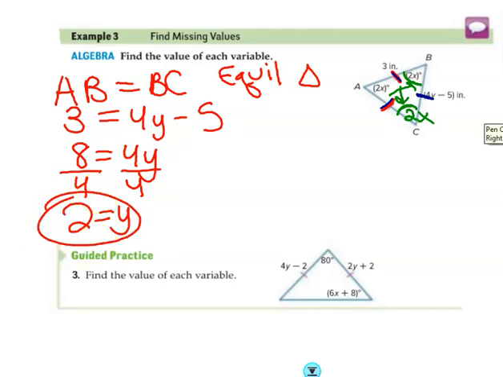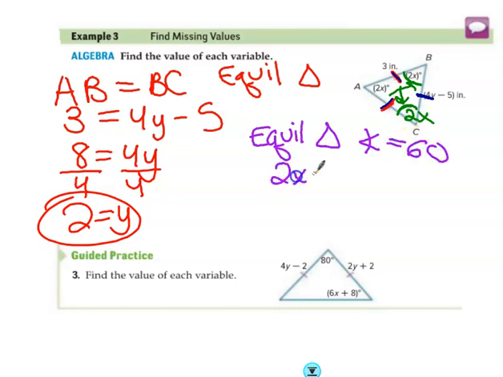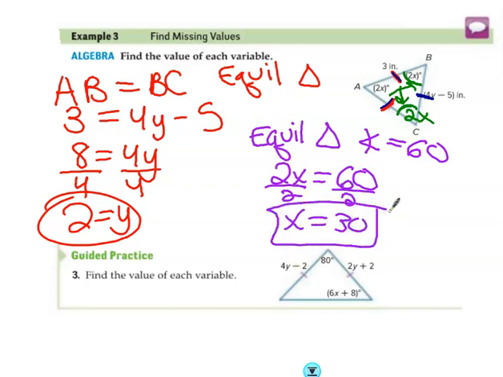Then I can realize if it's equiangular, it's an equilateral triangle, therefore the angles are all worth 60 degrees. So I have 2x equals 60, divide by 2 on both sides, and x equals 30 degrees for each one, because 2 times 30 is 60.